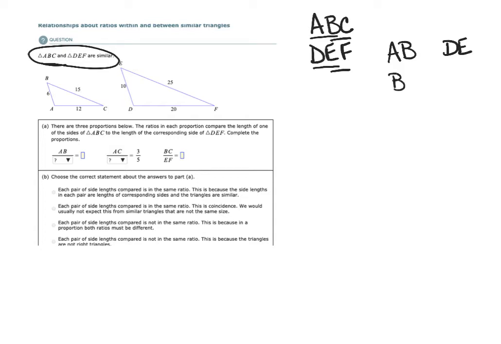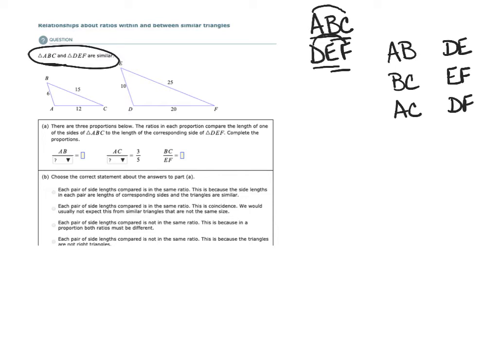So BC will correspond to EF. And finally, the first and third angles, AC, will correspond to the first and third angles, DF. So AC corresponds to DF. And I know this because these are the combinations, or the order, in which they were given to me as similar.